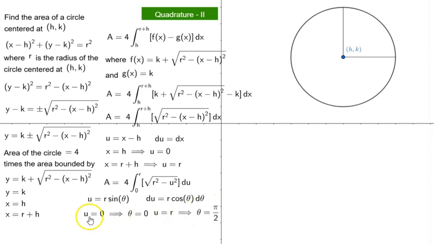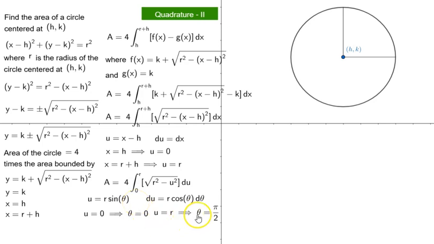Again changing the limits. When u is equal to 0, we will have r sine theta equal to 0. That means sine theta equal to 0. That means theta equal to 0. And when u is equal to r, we will have r sine theta equal to r, r cancels out. We are left with sine theta equal to 1.